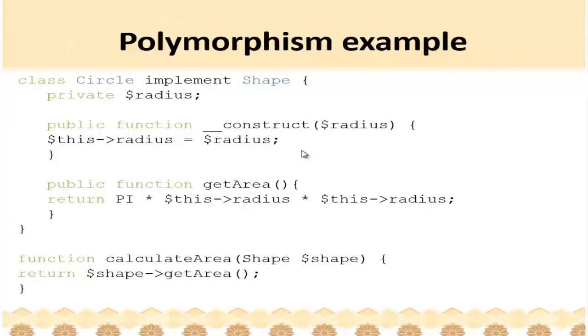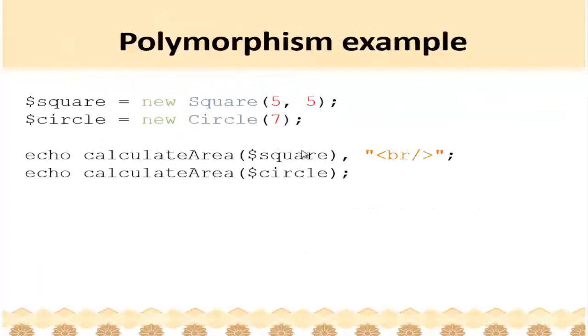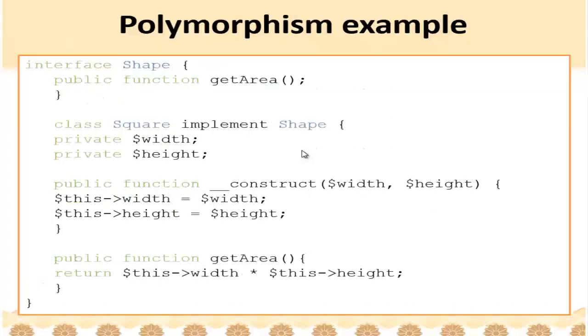Now, at the bottom I have a function called calculateArea. You notice over here, calculateArea takes an object of type Shape. So I'm saying accept only something that is of this interface.